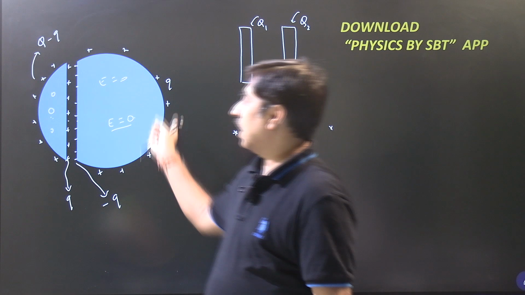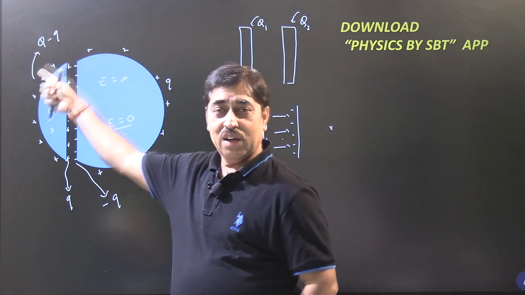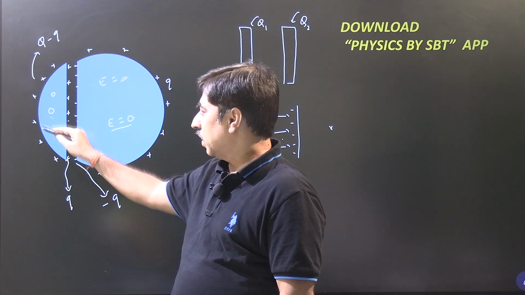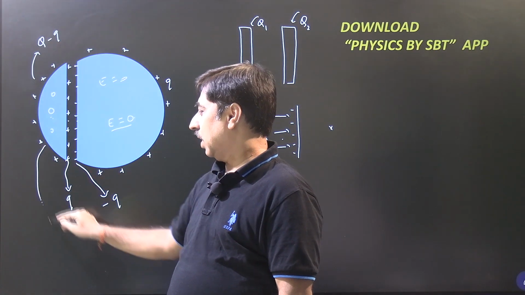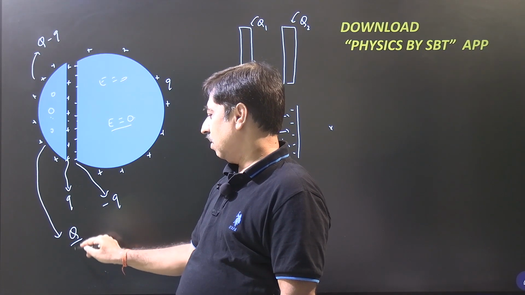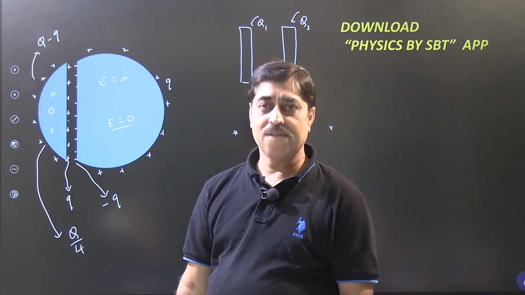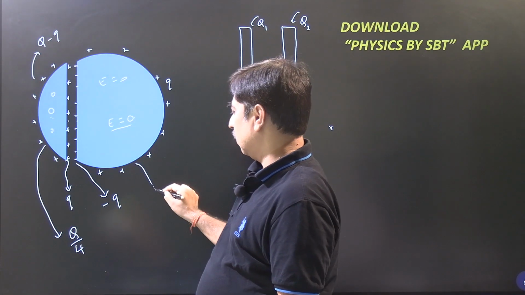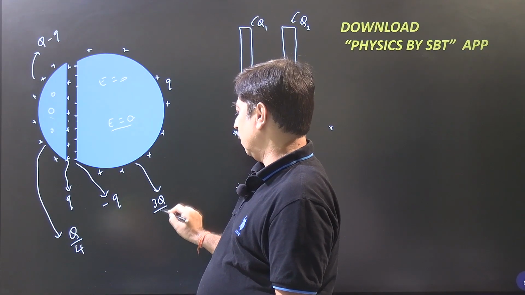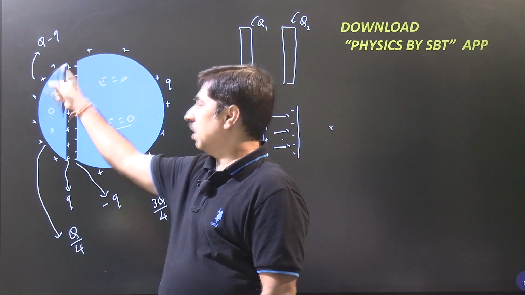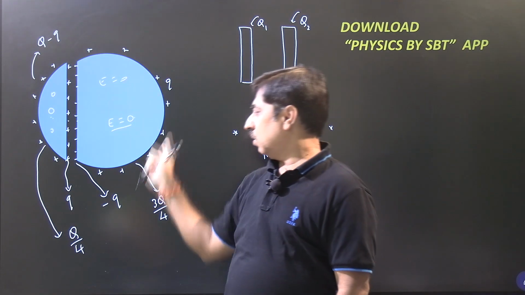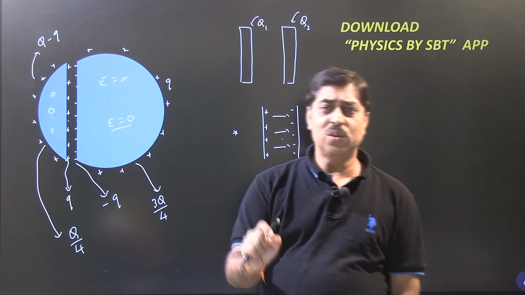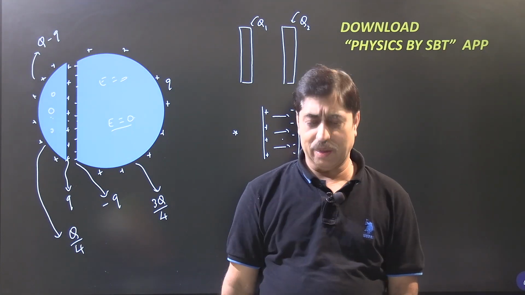So obviously, if the charge density is the same everywhere and this area is 1/4 of the total area, the charge that is present here, which is Q minus q, has to be Q by 4, isn't it? And the remaining 3/4 of the charge is present here. So this charge is 3Q by 4. So the charge on this spherical surface is Q by 4, the charge on this spherical surface is 3Q by 4. This is easy to argue actually. This is what is going to happen.